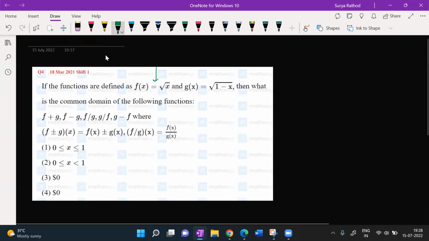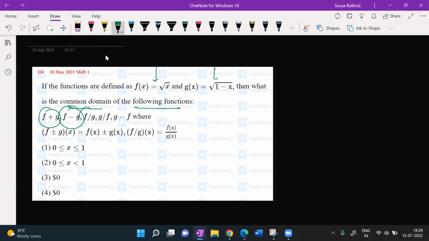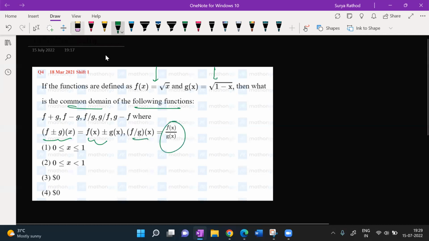What is the common domain of the following functions? f plus g, f minus g, f by g, g by f, g minus f, where f plus g of x is equal to f of x plus g of x. f minus g of x is equal to f of x minus g of x.